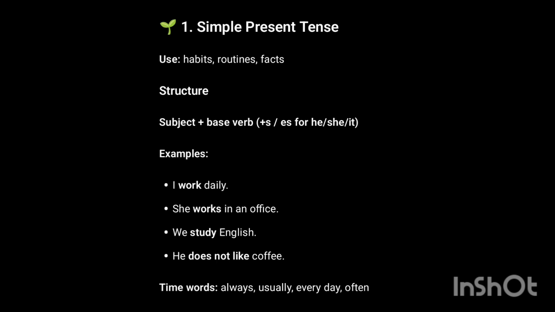We all know present simple tense is used to talk about our habits, daily routine, general truths, and repeated actions. Like, we learn English daily. This is a habit, right? It's a daily routine.